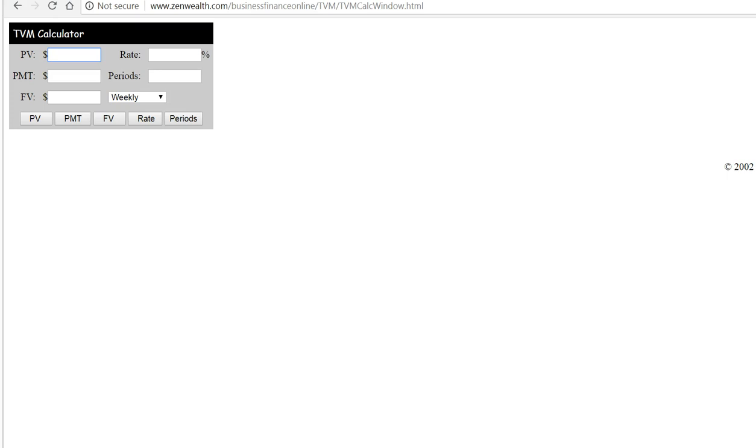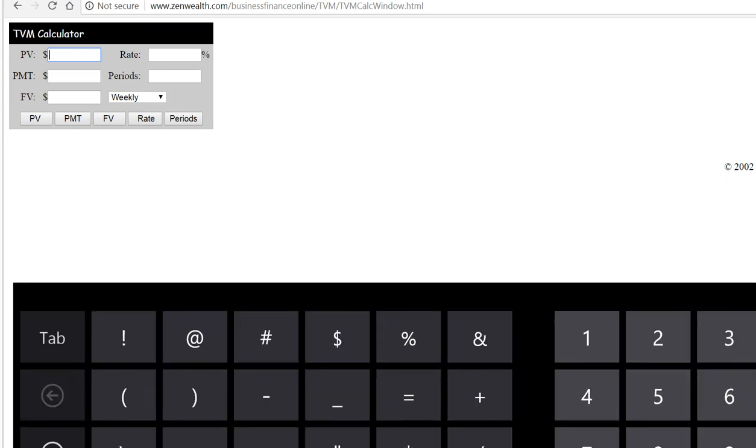So here's our calculator. The present value, we're starting off at 0. The payment is what we're looking for, so we're going to leave that blank. We want the future value to be $100,000. We were given an interest rate of 9.3%.